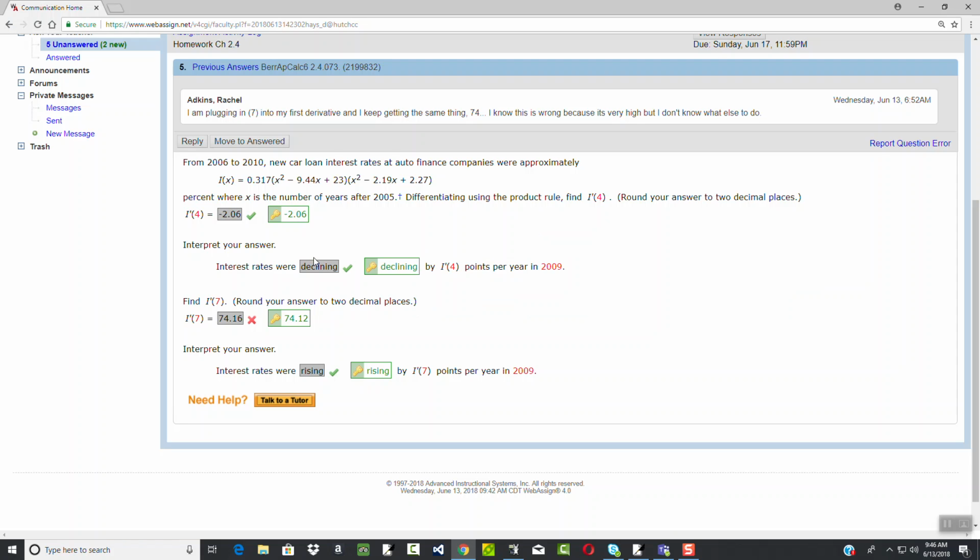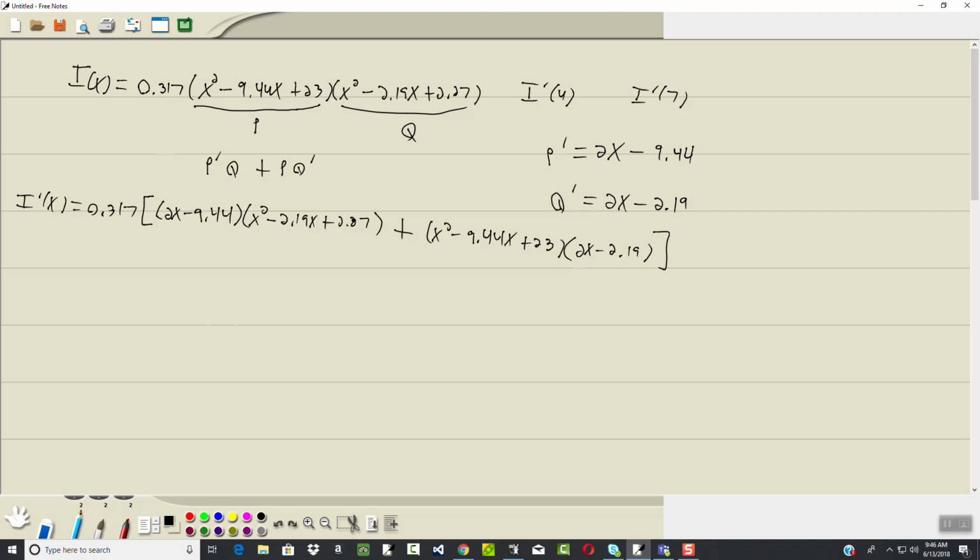Okay, they're not asking us to actually simplify this. So since we're going to plug in numbers anyway, you can leave it in this form.